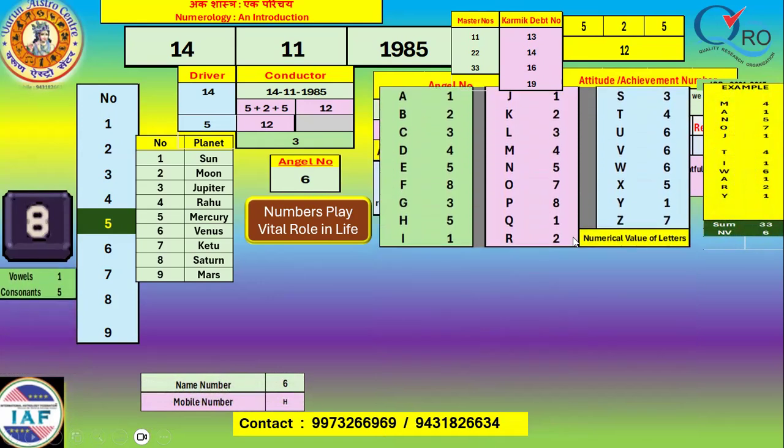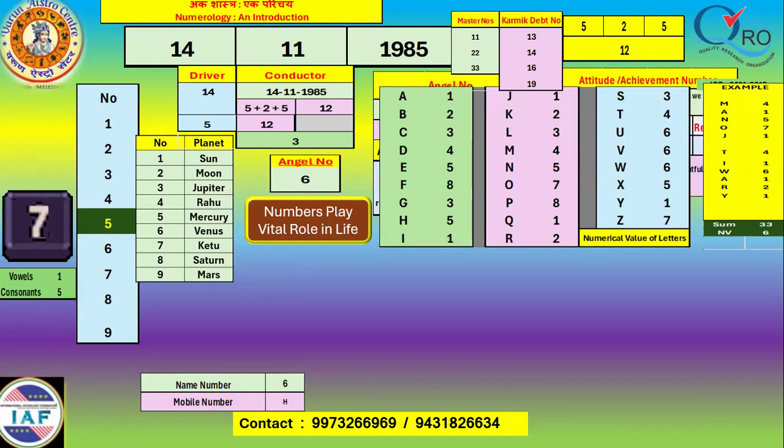Each alphabet contains a numerical value. Now it is clear that the name number which we were using belongs to Manoj Tiwari, famous Indian cricketer, who hails from Howrah in Kolkata.